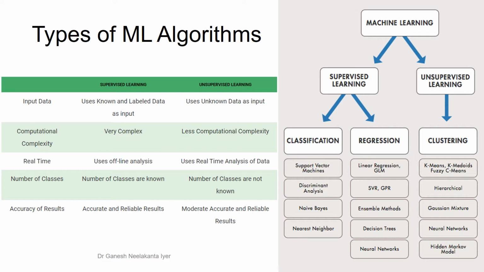For example, identify a color, identify a shape, identify whether this particular person has cancer or not, and things like that. Unsupervised learning is by looking at the environment, you just learn and do by yourself. For example, clustering. Given two different items mixed together, you will be able to segregate them without anyone teaching you, by looking at the color, the texture, the shape, and so on. That is clustering.